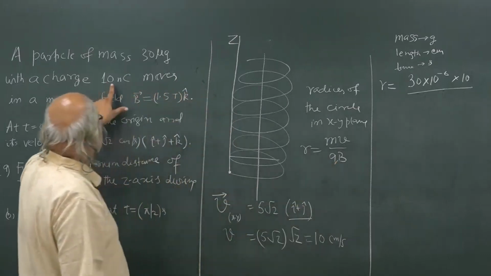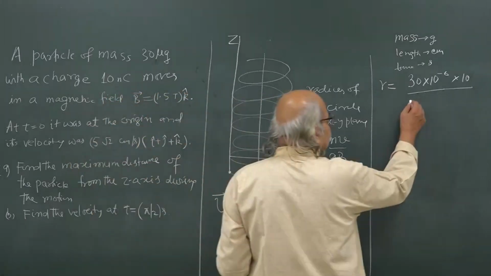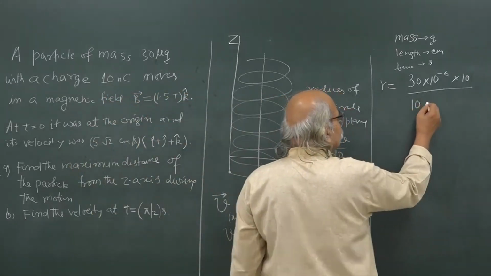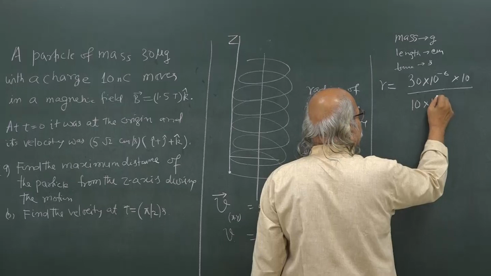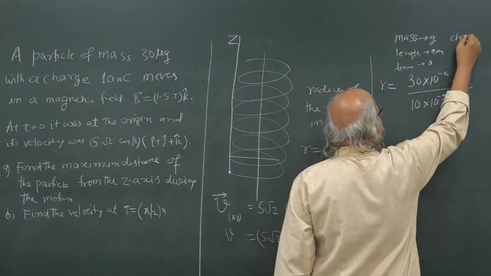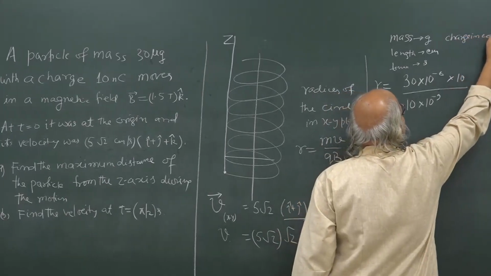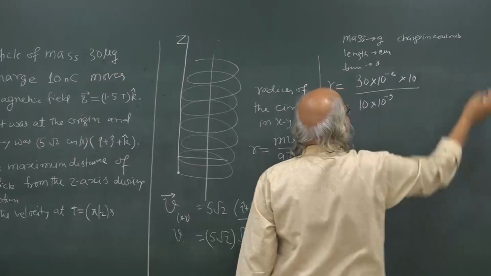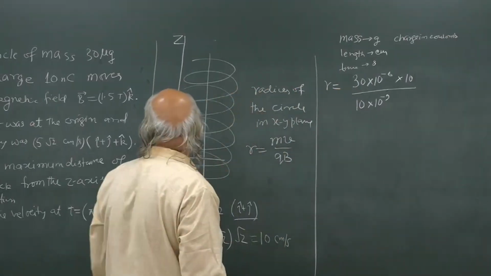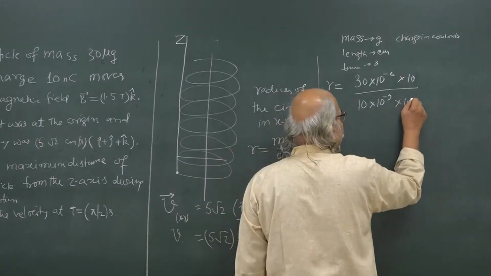The charge is given, 10 nano coulombs. So, it is 10 power minus 9 coulomb. And then you have B. B is 1.5 Tesla, so into 1.5 Tesla.